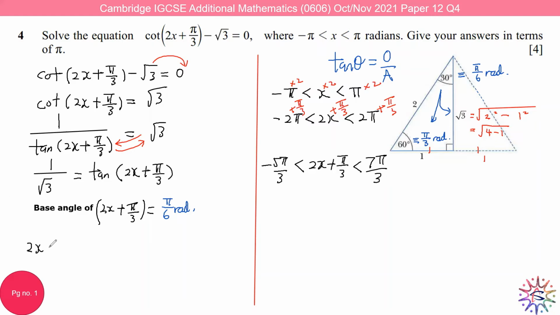In order for us to get all the possible angles of 2x plus pi over 3, we'll look for the quadrant. So we know the mnemonic, all science teachers crazy. So the possible angles for us to get the positive ratio for tangent will be the first quadrant and the third quadrant.